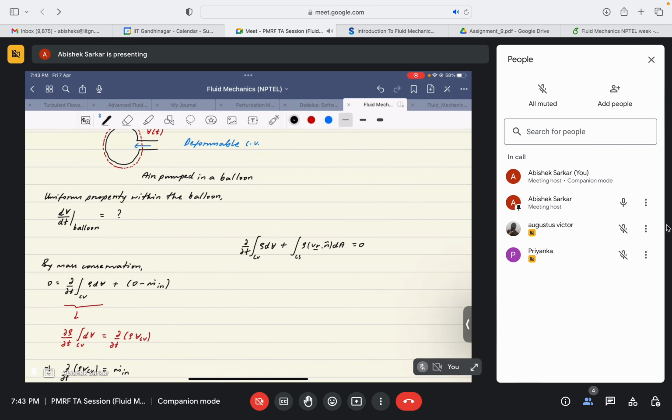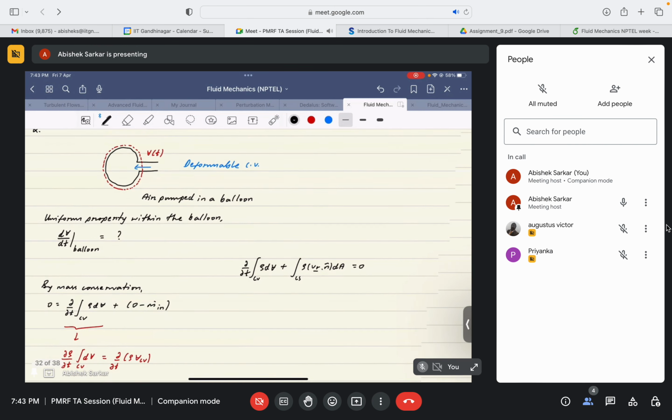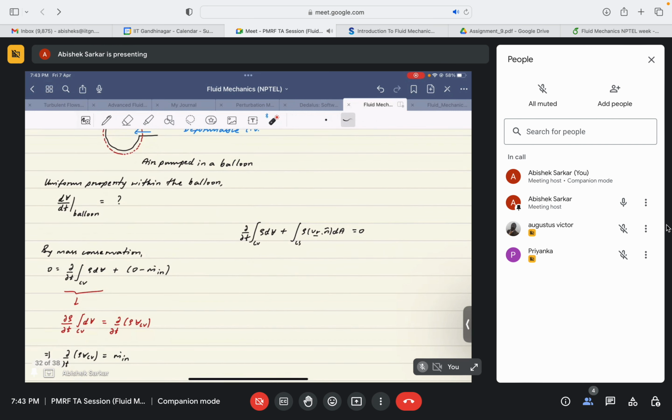Here in the problem they have mentioned that rho remains a uniform property, that the property remains the same within the volume, and that's why rho is not dependent on the spatial coordinates. And that's why we can directly take rho out of the integral.